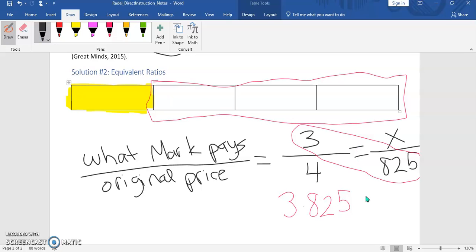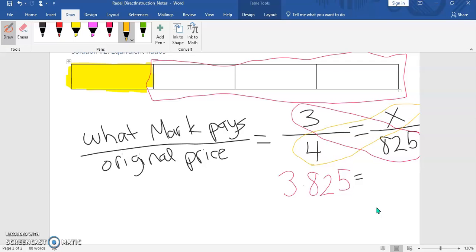I'm going to copy down the equal sign in the middle, and then I'm going to multiply crossing the other way. 4 times x, or just 4x.